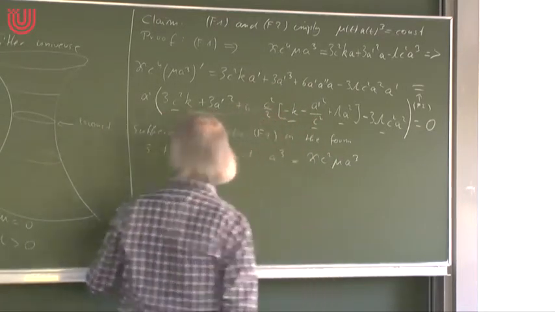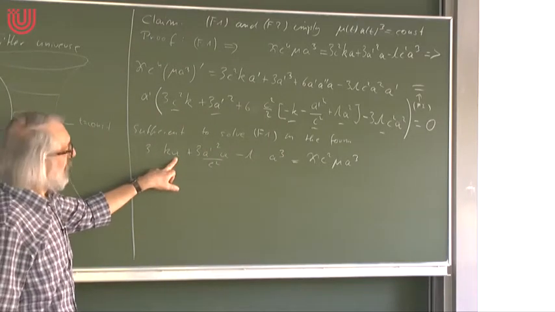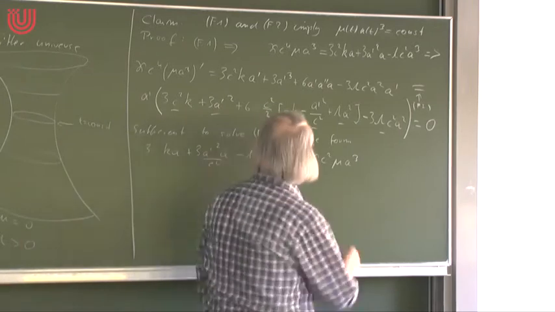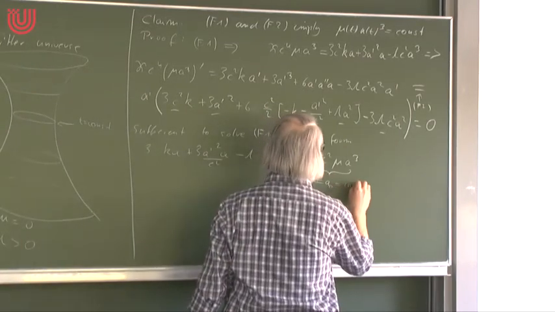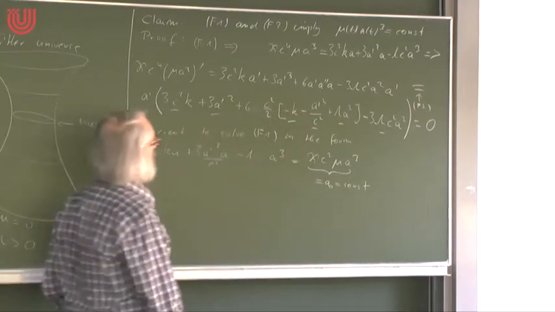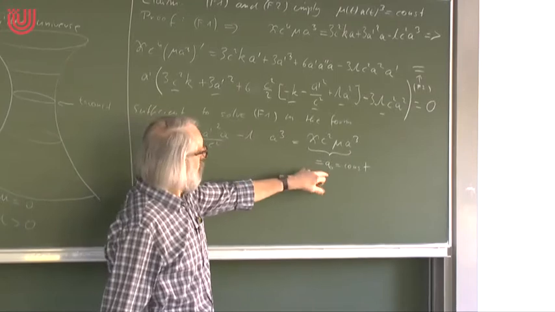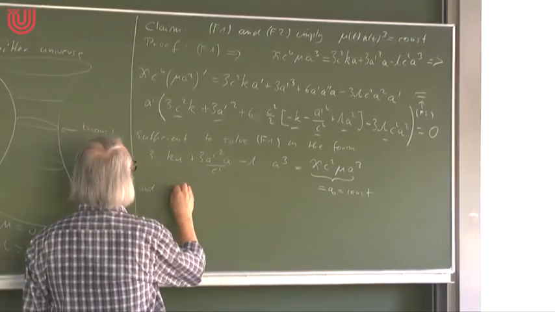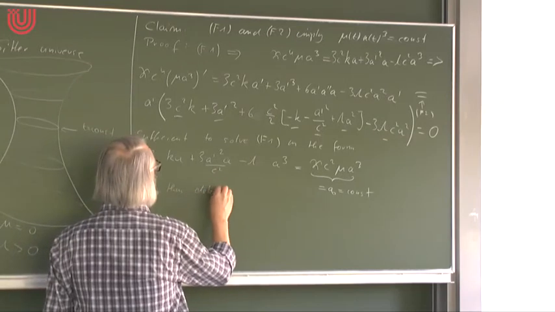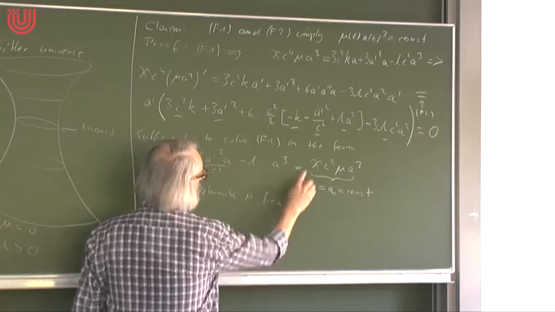What's the dimension of this constant? Well, k is dimensionless, a is a length. So this constant must have the dimension of a length. So let's call this a naught. And this is a constant. So let's solve this equation with a constant a naught, which you choose as you like, and then determine mu from this equation.